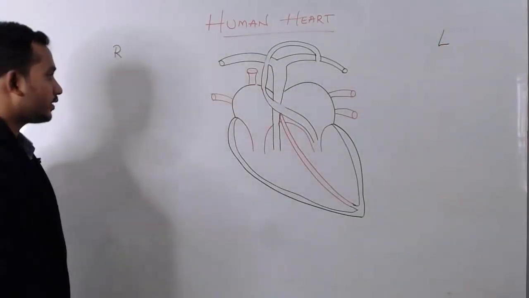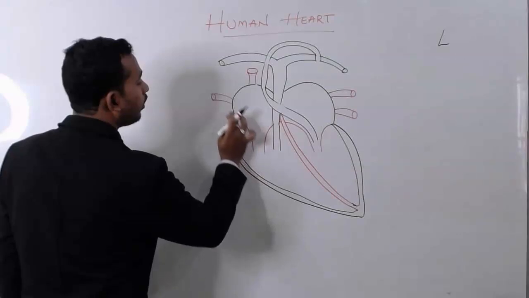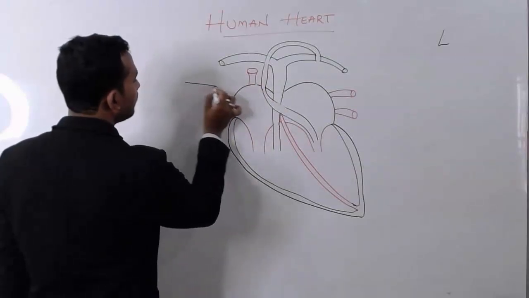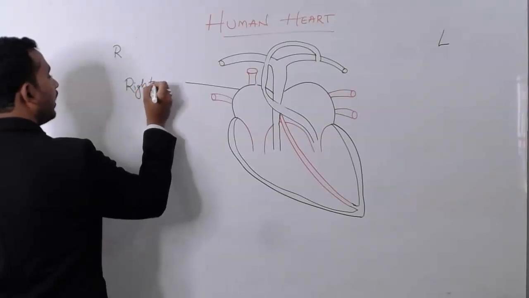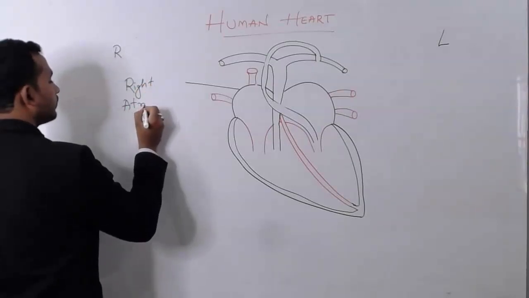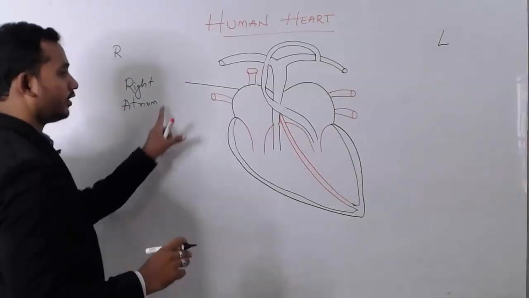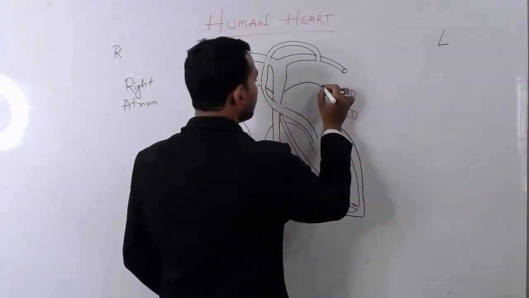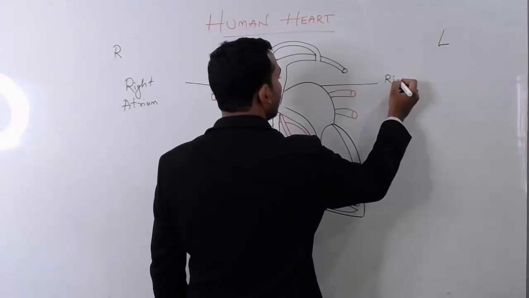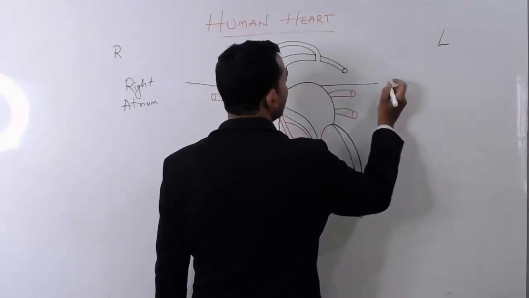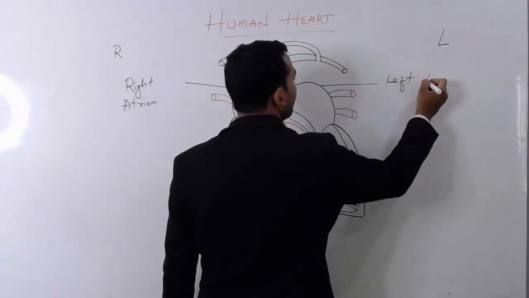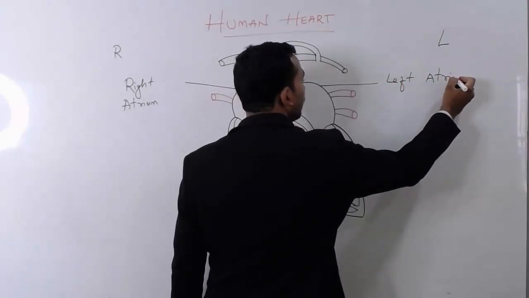How to name this? See children, can you see this block? Yes, this is nothing but right atrium. This is right atrium. This part is right, and now this is left atrium.